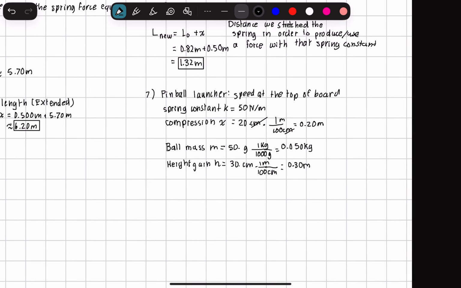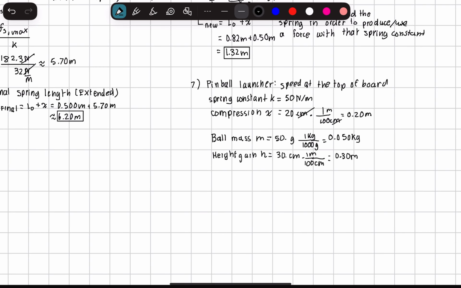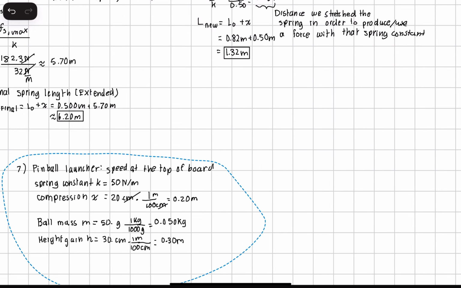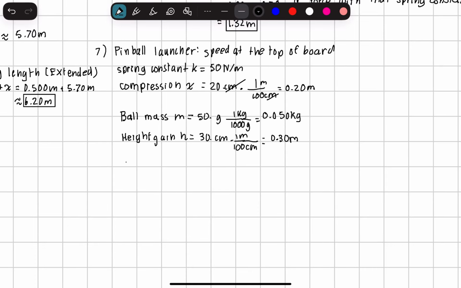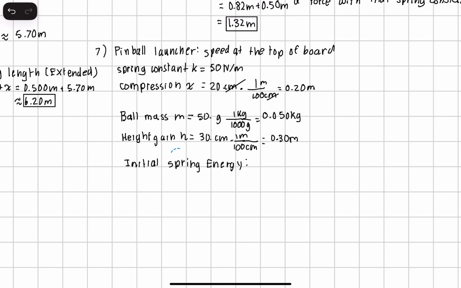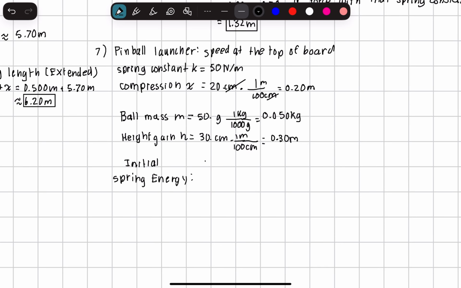So we need to solve for, I don't know if we're gonna have enough room for this, I'll just put it over here. So we're solving for the initial spring energy, and the formula for it is just PE spring, the potential energy of the spring, which is going to equal 1/2 kx squared.